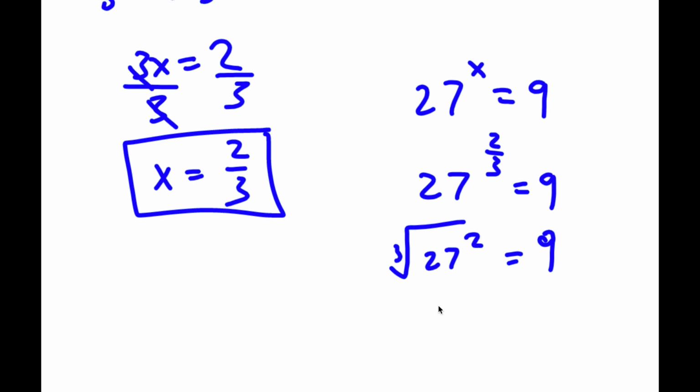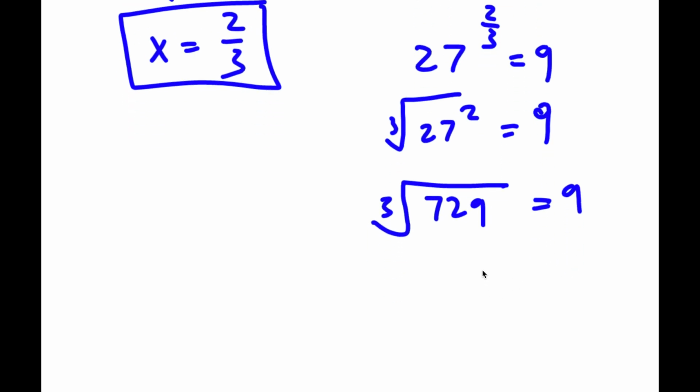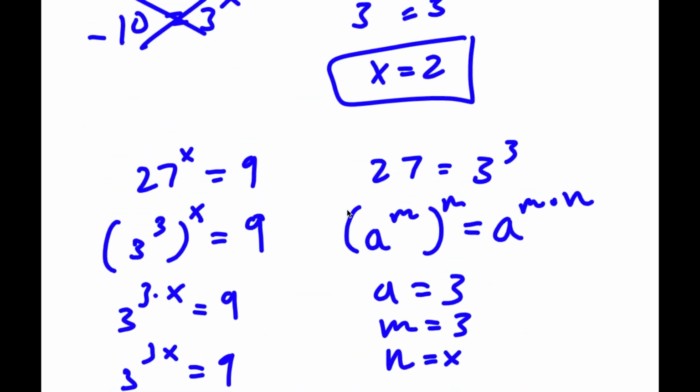Now 27 squared is equal to 729. So now I have the cube root of 729 is equal to 9. And the cube root of 729 is equal to 9. So I have 9 is equal to 9. Because this is right, we know that our solution x equals 2 over 3 is right.